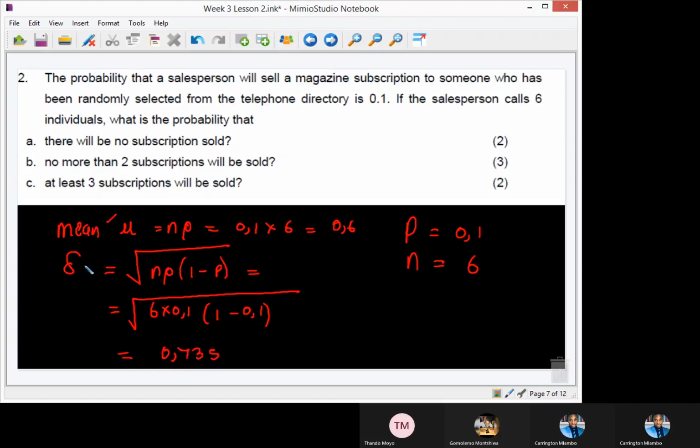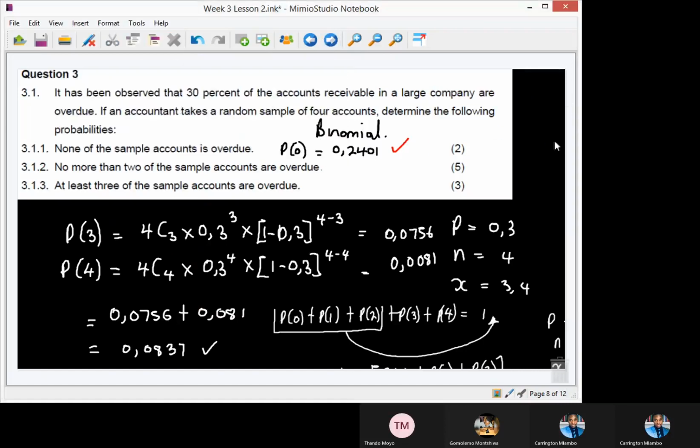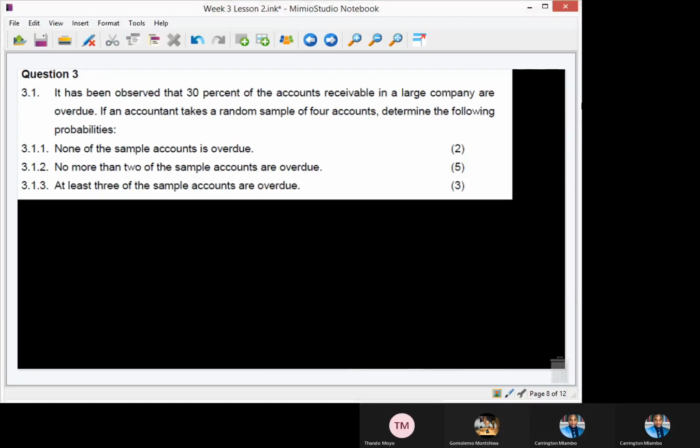If they ask for the mean and standard deviation, right? Let's look for another one, mean and standard deviation. Let's look at this question. If they ask for the mean, right, 30%, so we know our P is equal to 0.3, and our N, right?